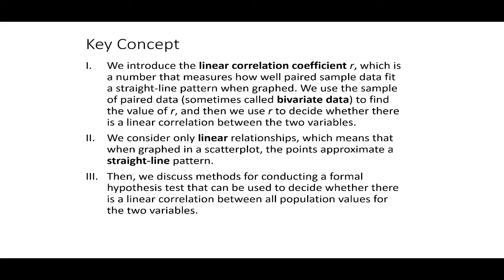There might be some other type of relationship we do not consider here. Whenever we plot the data, the graph or the scatter plot should look like a straight line. Then finally we discuss a method for conducting a formal hypothesis test that can be used to decide whether there is a linear correlation between all population values of the two variables.